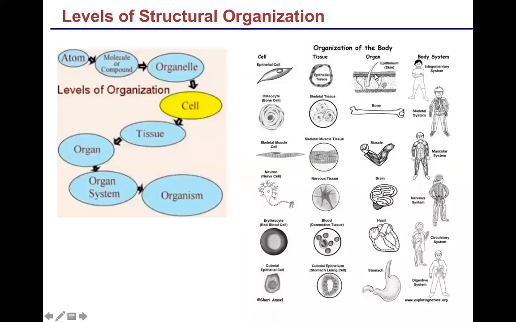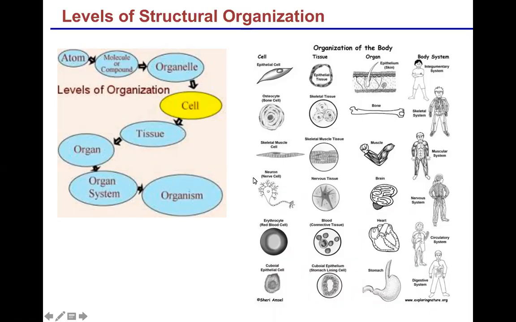If you look at this picture, you will see that these are epithelial cells. Many such epithelial cells join together to form epithelial tissue, and this epithelial tissue is the lining of skin in our body, and skin definitely is part of the body system known as the integumentary system. You can take several such examples.